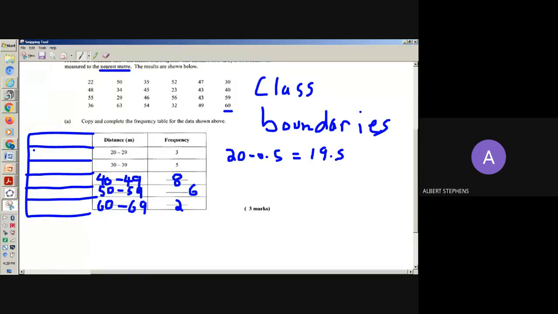So you're going to have 19.5, and then the 30 would be what? Subtract 0.5 from 30. What do you get? 29.5, et cetera. So fill out that table for me, please.